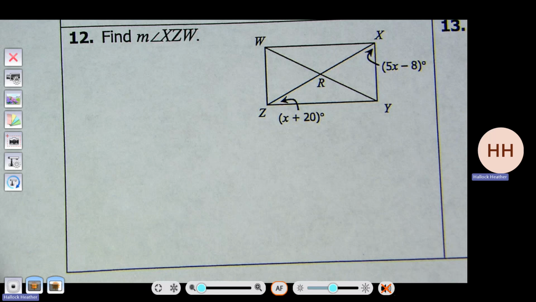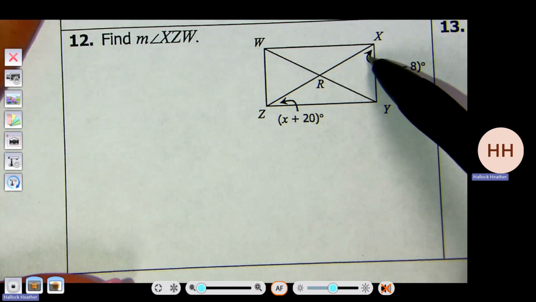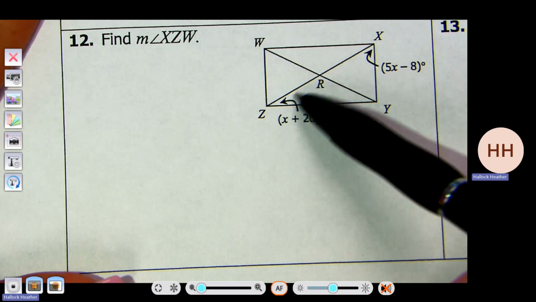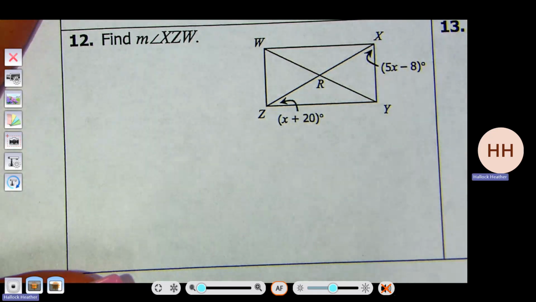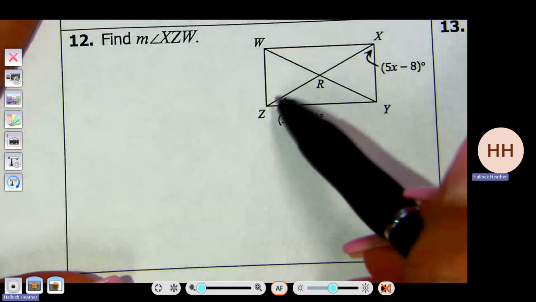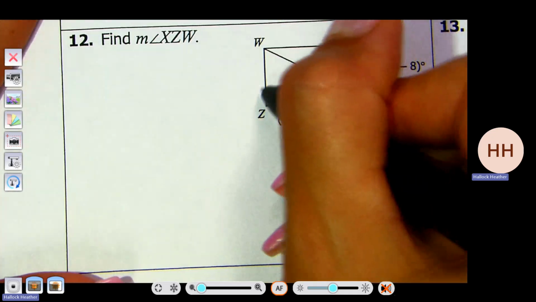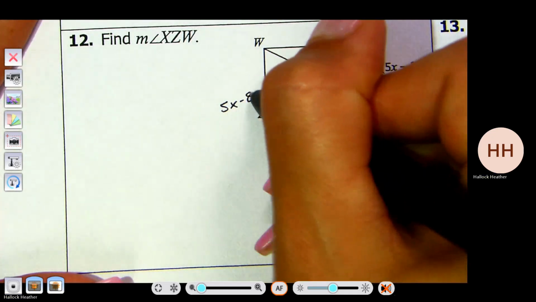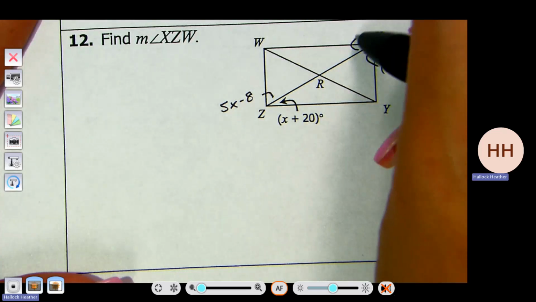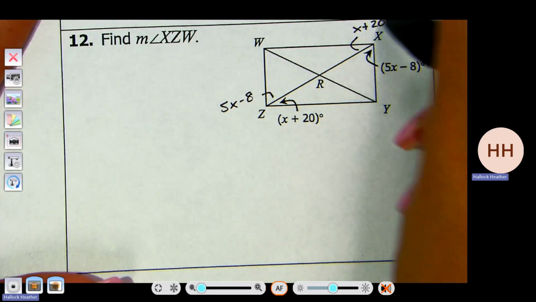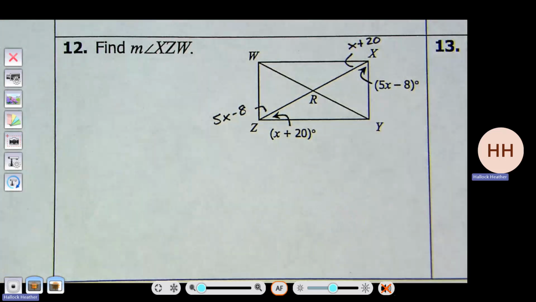No, they don't, because we would have to jump across the transversal for them to be equal. So I could move them. I could put 5x minus 8 here, and I could put x plus 20 here, because they jump across the transversal like parallel lines, alternate interior angles.